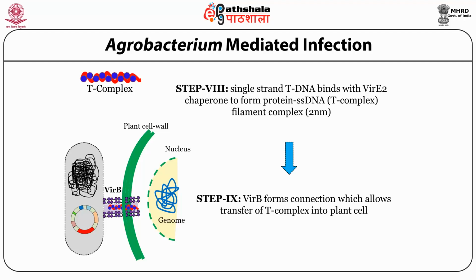And as you can see in this schematic, you have a tDNA complex shown in a filament here, where single strand DNA shown in red is captured or protected by a blue protein, which is Vir-E2. This tDNA complex needs to be transported from Agrobacterium into the plant cell, and in this picture here we can see a plant cell wall, a plant nucleus and a plant genome, and Vir-B forms a channel which allows this 2 nanometer filament complex to translocate from the bacteria into the plant cytosol.